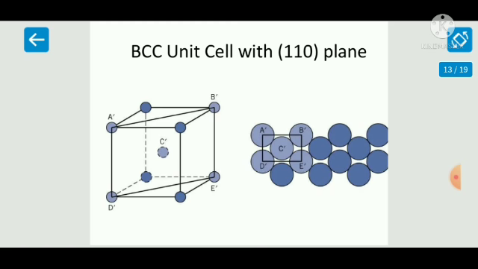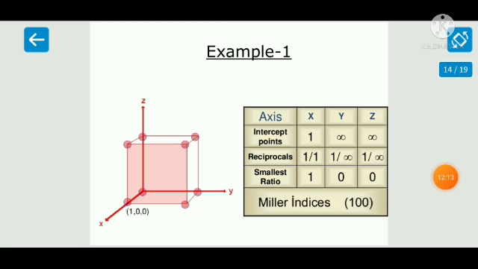This is the plane axis of the 1 1 0. See the examples, with x direction, y direction, and z direction.